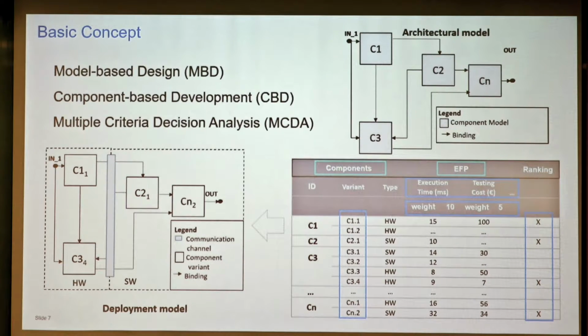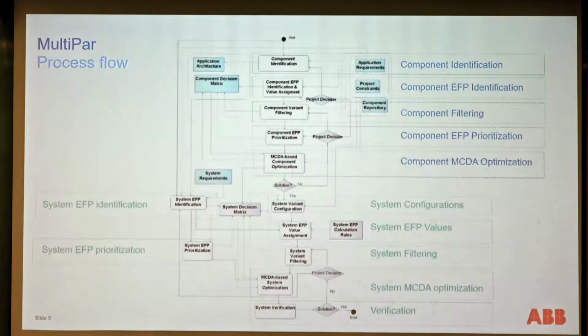For doing this, we define MULTI-PAIR, which is the novel methodology that we are presenting here. And it is detailed more in this slide through the process flow, in order to systematically support the designer in performing the partitioning.